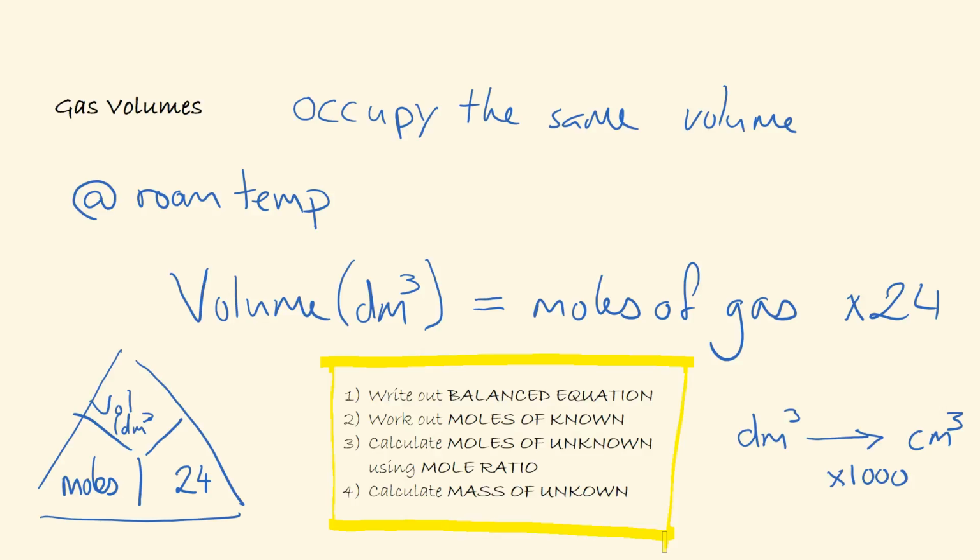We're going to write out balanced equations, work out the moles of known, calculate the moles of an unknown using the mole ratio, and then calculate the mass of unknown. But in this case, we're going to calculate the volume of the unknown. So I'm just going to change that here to volume of unknown.